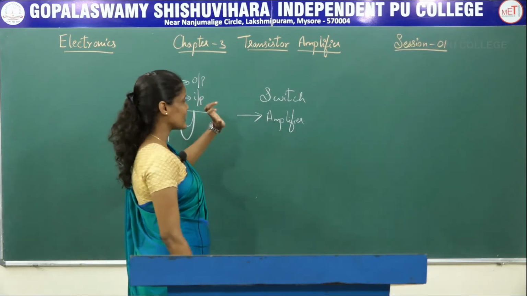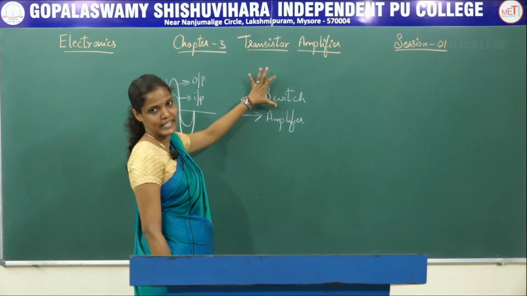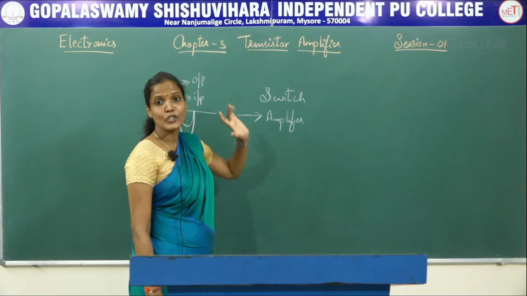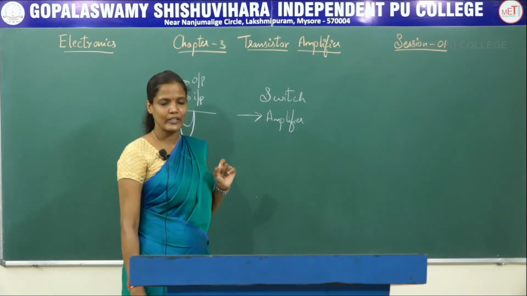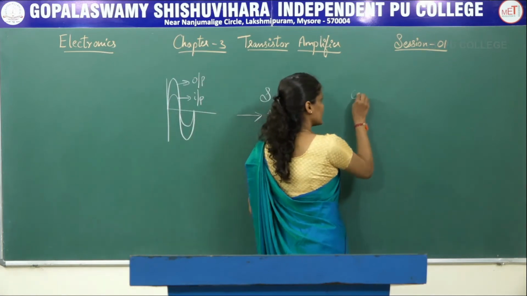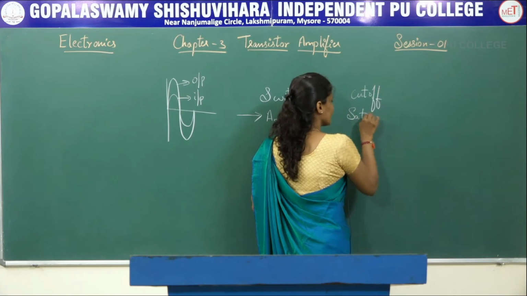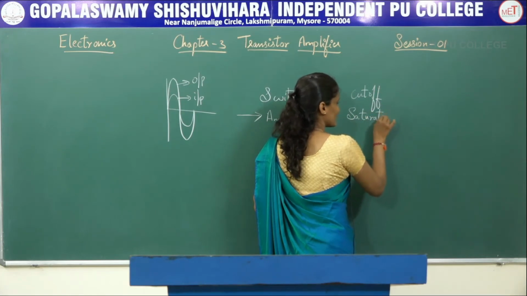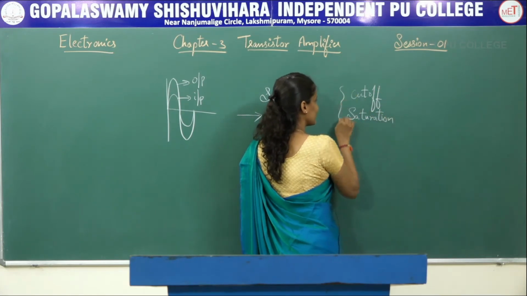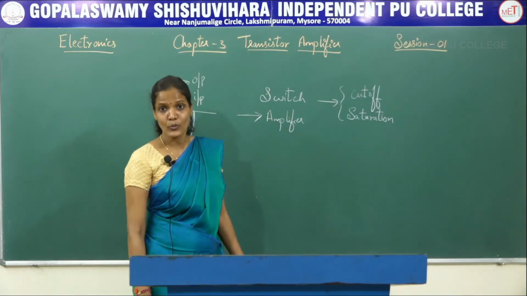So what is this switch? Whenever I want to use this transistor as a switch, then I have to make sure that the Q point, or the quiescent point, or the operating point, is either in the cutoff region or in the saturation region. If the Q point is in the cutoff region or saturation region, then we say that the transistor is working as a switch.